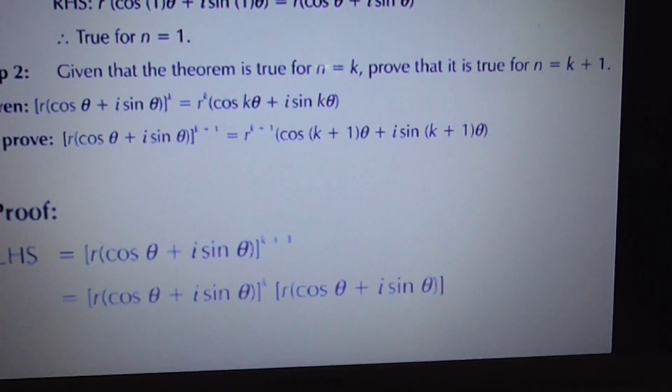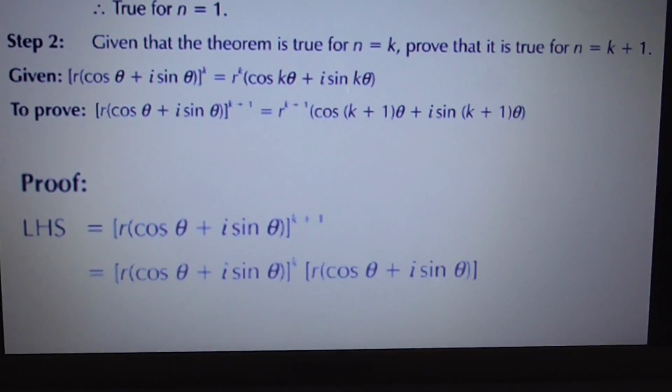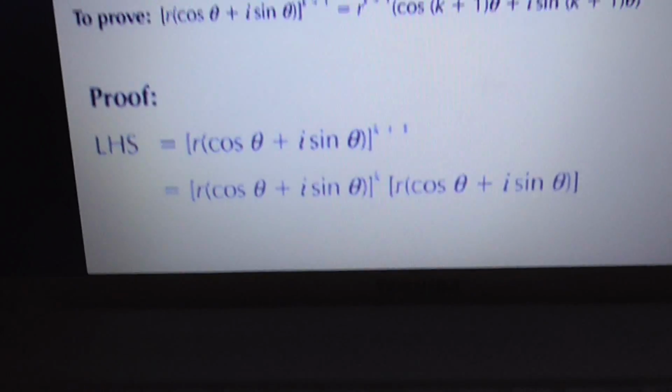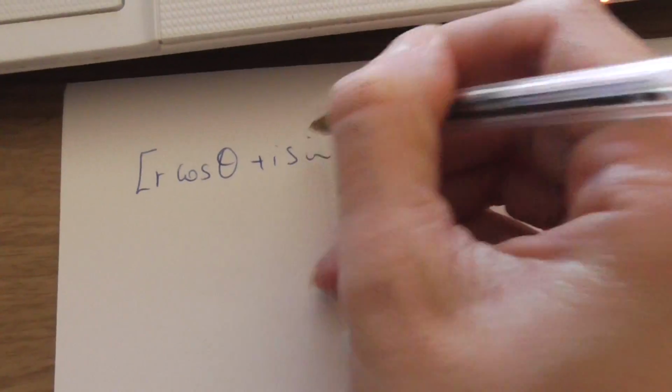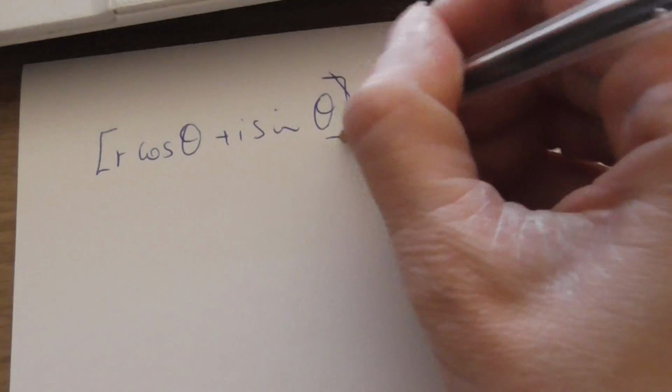Now, we're going to work with our left-hand side of the proof. This would be easier if we could do it all in the one go and actually fit it across the page, so I'm going to try and do that. So r cos theta plus i sin theta, square bracket, to the power of k plus 1.